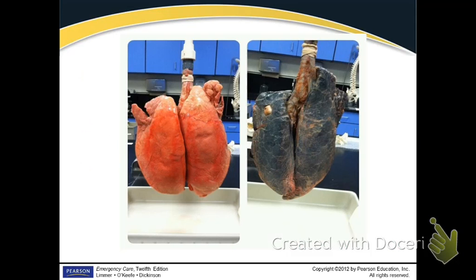Got ugly tumor on it too. Oh yeah, there. Probably didn't survive. And then healthy lungs. Which one do you want? Yeah, you get the black ones.